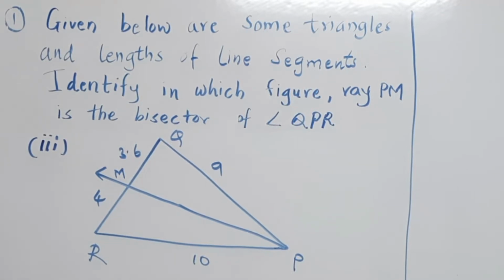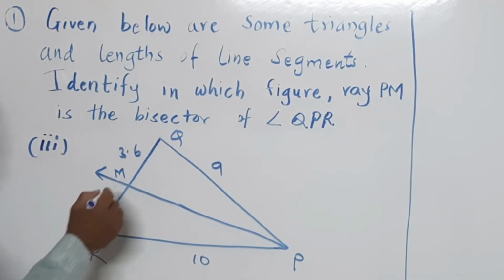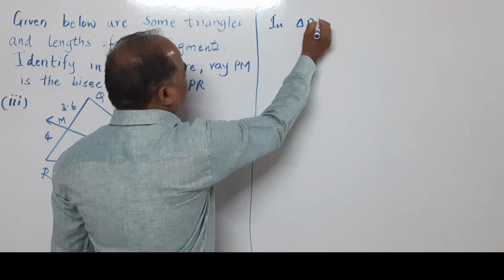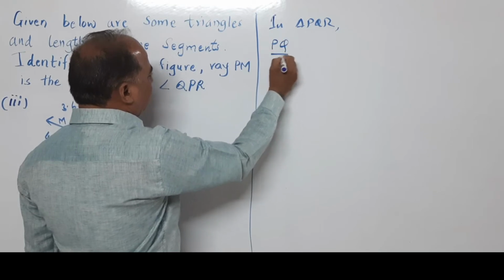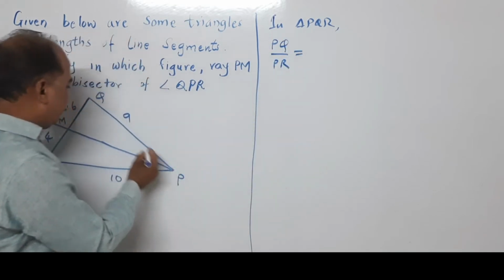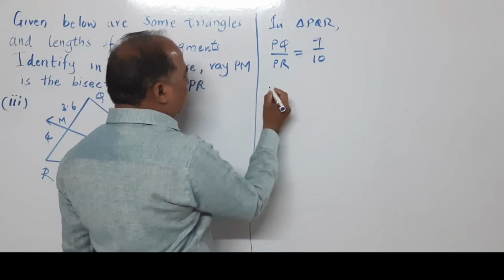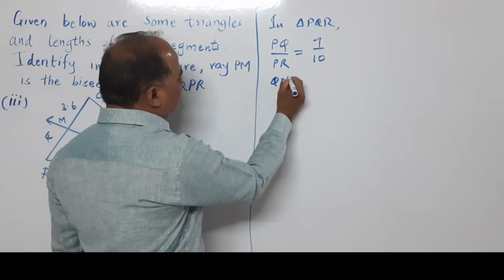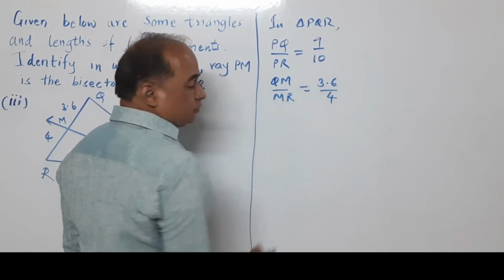Third example. In triangle PQR, PQ is equal to 9, PR is equal to 10, RN is 4 and QM is 3.6. Therefore in triangle PQR, the ratio PQ upon PR is 9 upon 10, and the ratio QM upon MR is equal to 3.6 upon 4.